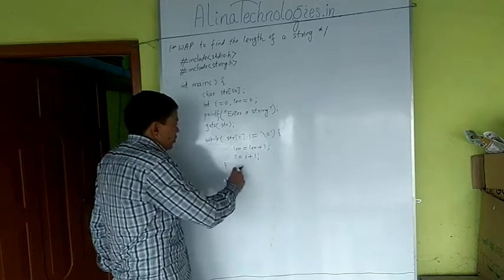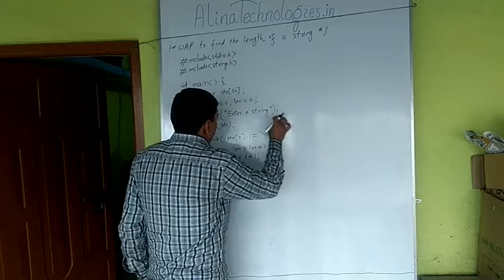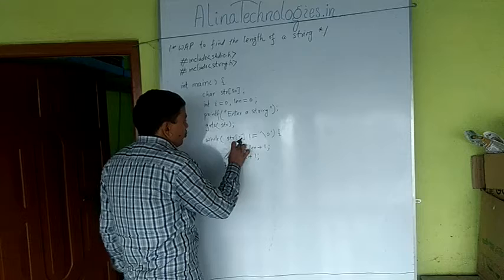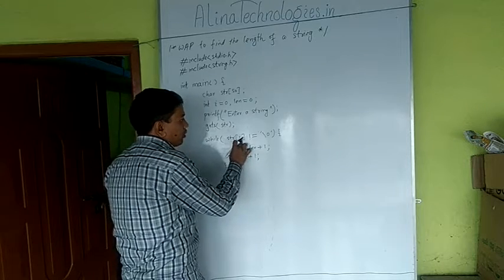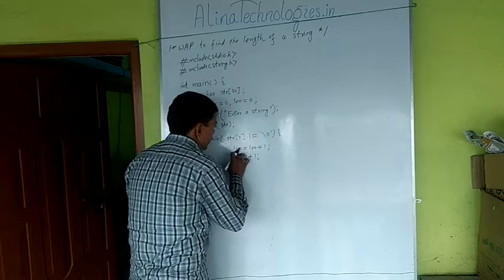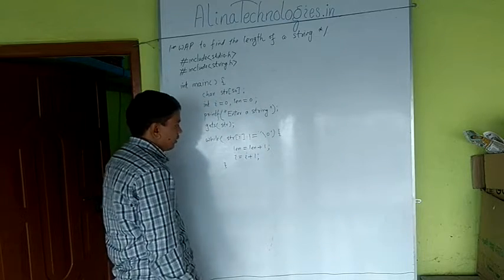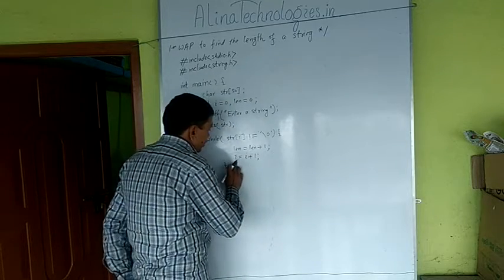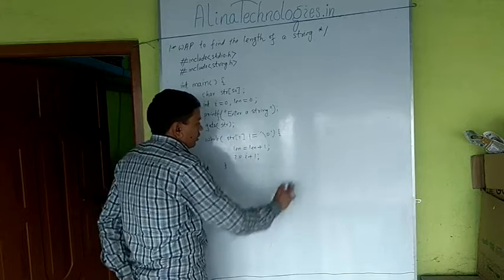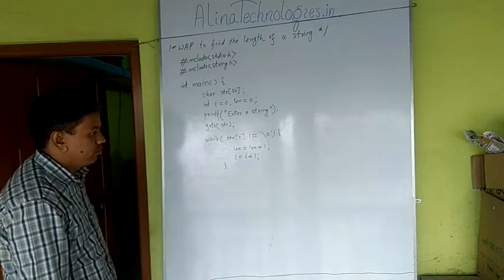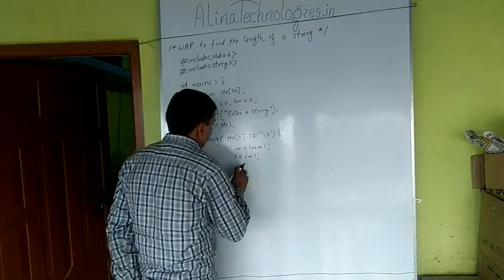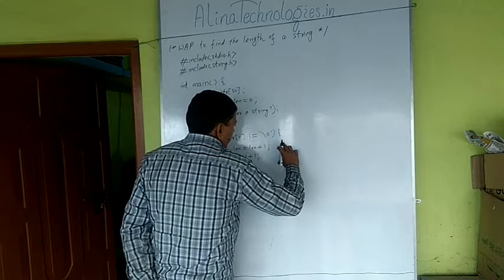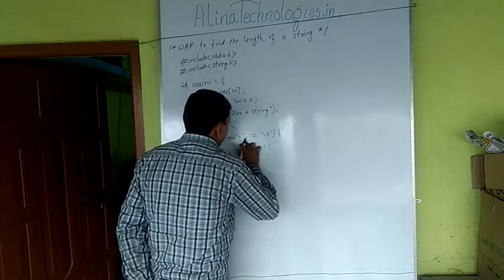After that, str of index 1, if the value is not equal to null, then len equal to len plus 1. Again i equal to i plus 1 gives the index of the next location. The loop will continue until this condition becomes false.